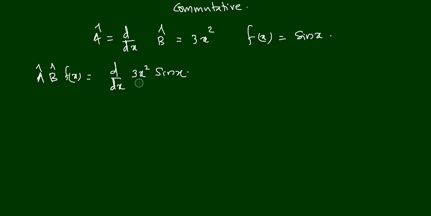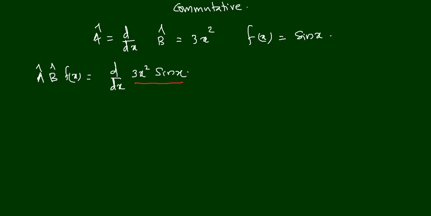The right operator operates first over the function. 3x square is a multiplication operator, so 3x square will multiply with sin x. Now we have to operate with the second operator, that is d by dx, on 3x square sin x.